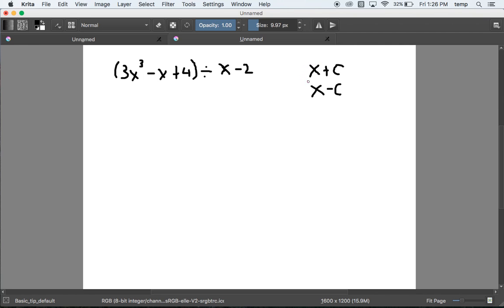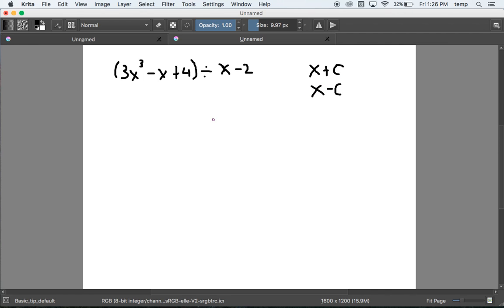It's just a plain old x. So you take x plus or minus a constant or a number, and that's it. So again, no powers, no coefficients on the x, just x plus or minus something. And if it's in that form, you can use synthetic division.